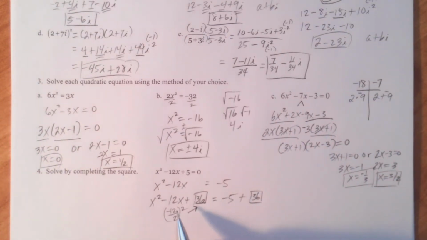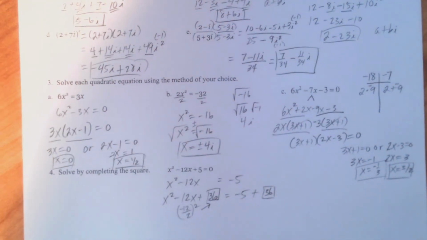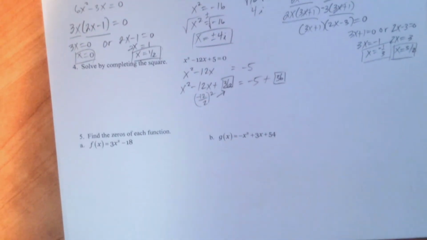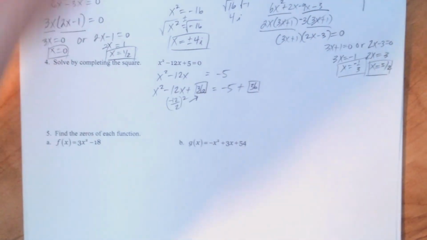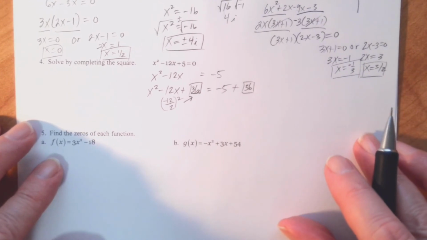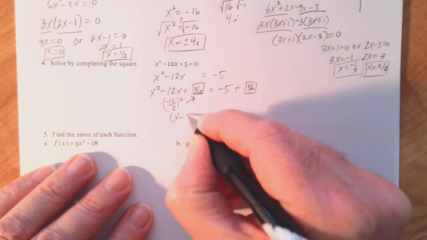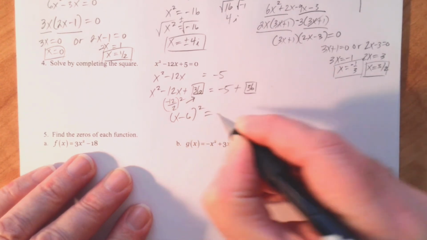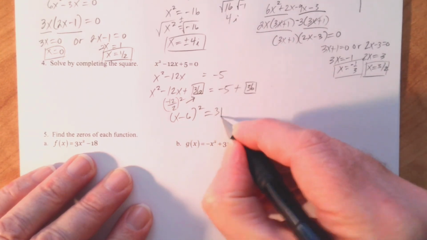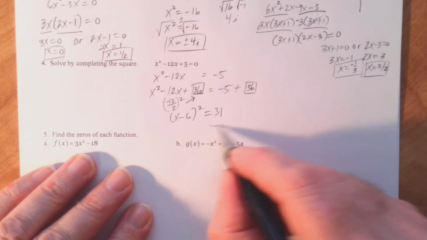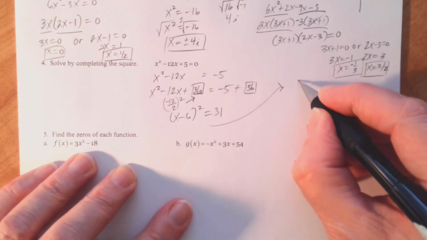So now remember, we can write this as a perfect square. Let's go ahead and move this down. This is x minus 6 squared equals 31. So I'm going to move this over here so I have enough room.